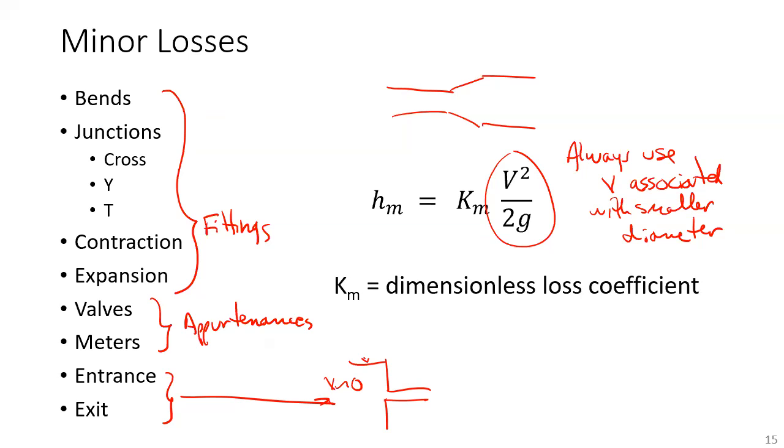So Km is a dimensionless loss coefficient. And typically you can go, for example, in your fluids book, on the next page of the slide presentation, I'll go over these. But if you are sizing a system, if you're designing a system, and you're going to select certain valves, let's say you're putting in gate valves, which typically are used to isolate lengths of pipe.